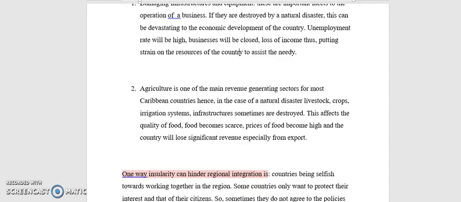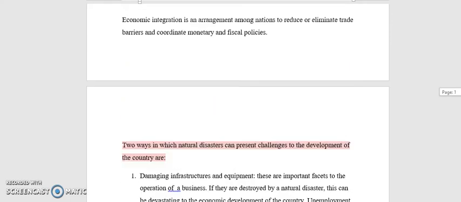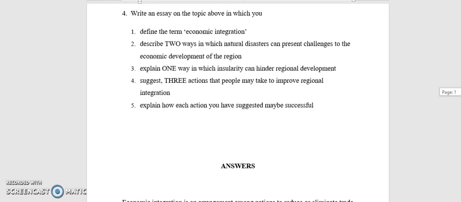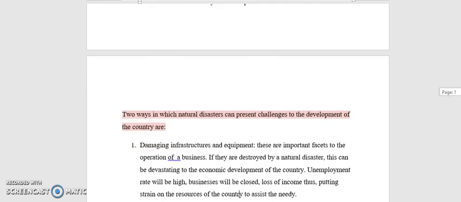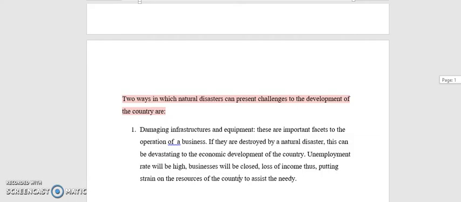And this will affect the quality of food. Food becomes scarce, prices of food become high, and the country will lose significant revenue, especially from crops that they export, right? So this is another way how natural disasters can challenge or affect the economy of a country. And they ask for 2 ways. Yes, describe 2 ways. So I hope you can come up with another one. All right.